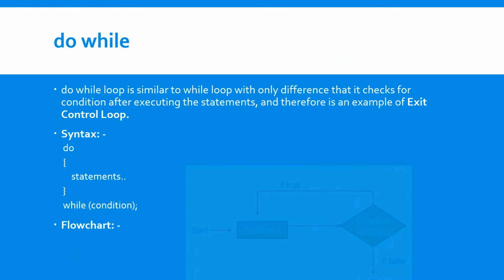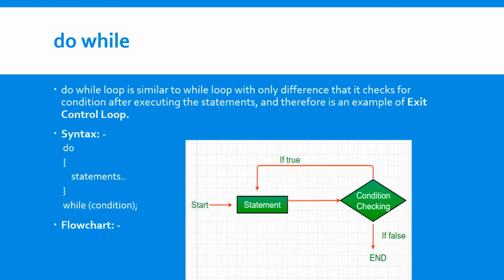So how does the do while loop work? The do while loop starts with the execution of the statement. There is no checking of the condition the first time. After the execution of the statement and update of the variable value, the condition is checked for a true or false value.